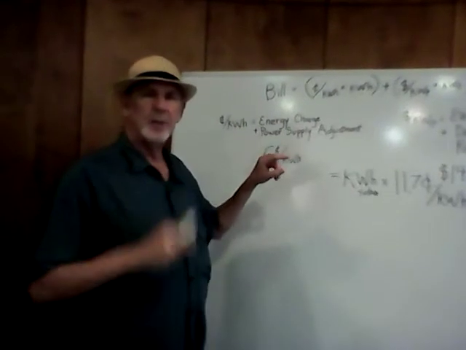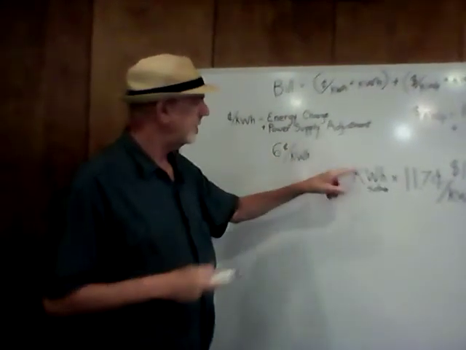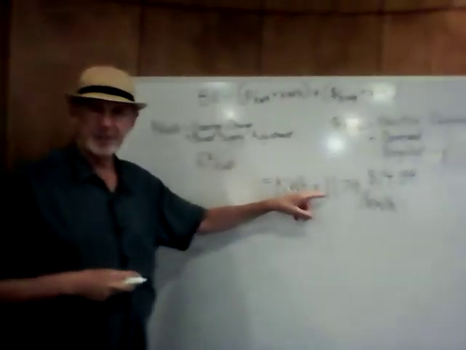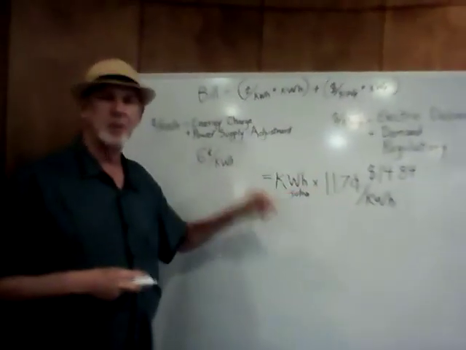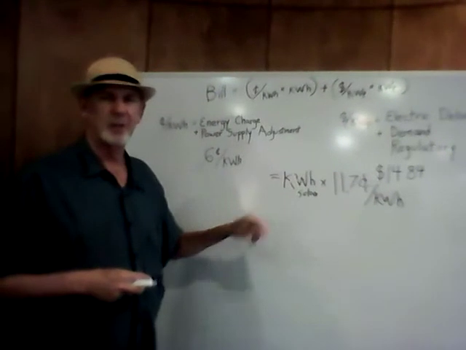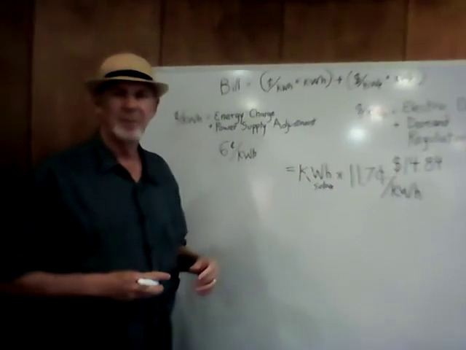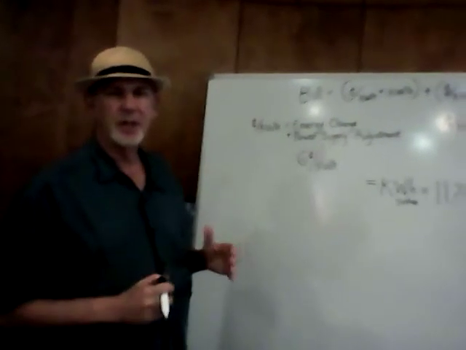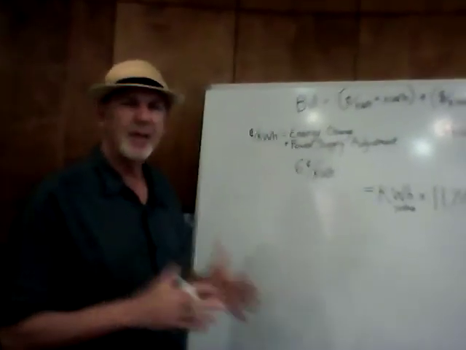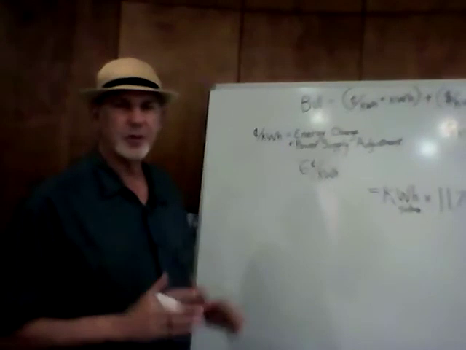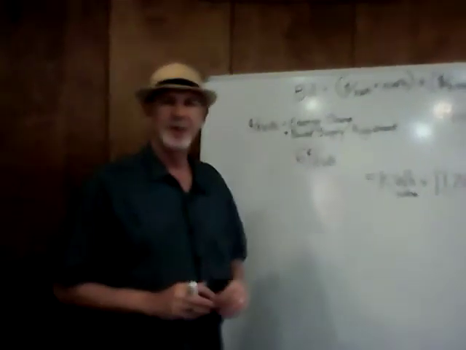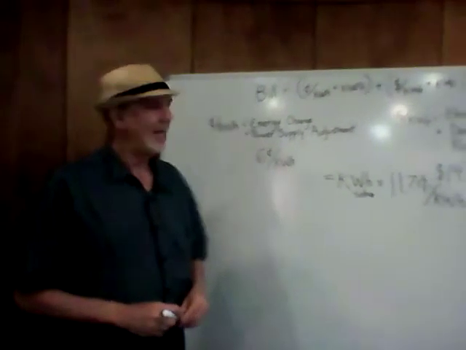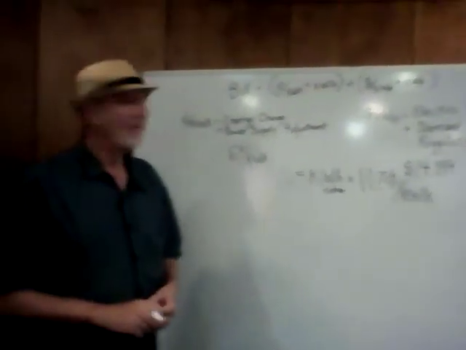Then they do a computation of the solar energy produced, multiplied times 11.7 cents, and that is a solar credit shown on your electric bill and subtracted from your bill. In the event that the credit equals or exceeds your bill, they will carry the extra credit, the unused credit, to the next month. So you get full value for the solar energy produced. And that's as simple as it is.